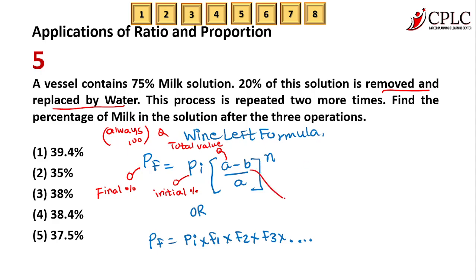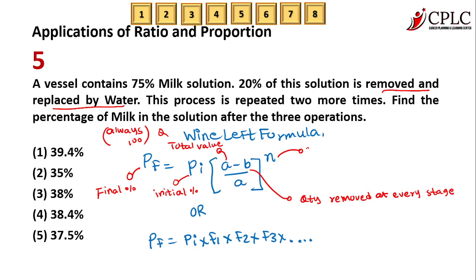Then small b is the quantity removed at every stage.